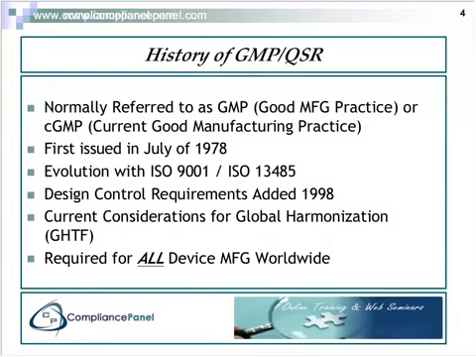So in lieu of having the FDA come in to audit or investigate at your facility, you could have your notified body, as part of your annual audit, do the QSIT audit, and they could submit that to the FDA in lieu of the FDA coming to audit your facility. Again, this is required for all device manufacturers worldwide who are intending to distribute or market medical devices within the United States.